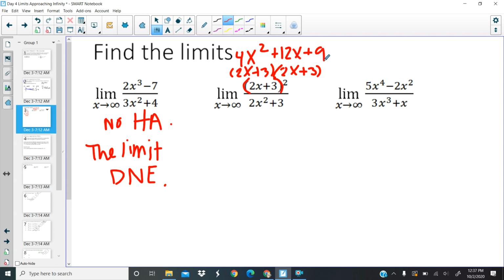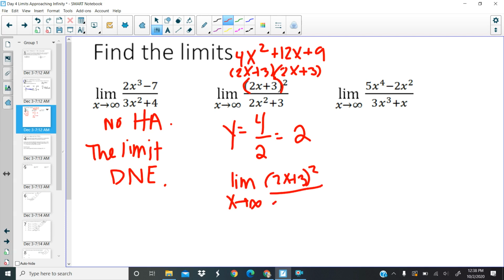So our highest exponent is still 2, and so is the highest exponent on the bottom. That's going to be same over same, so our horizontal asymptote is going to be at the ratio of our coefficients. That would be 4 over 2, which is just going to equal 2. So if we're writing that out, we would say the limit as x approaches infinity of that whole thing is going to be 2.